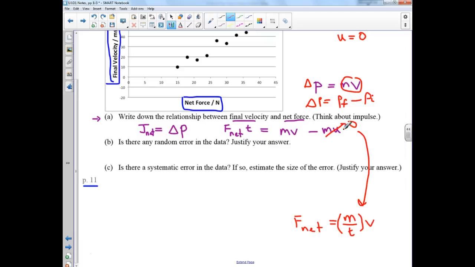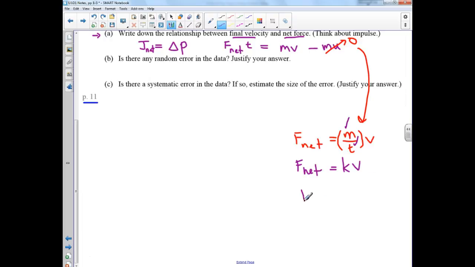Remember, final velocity is v, initial is u. So what's this say? Well, m is a constant, t is a constant, so net force is a constant times the final velocity, or in other words, net force is directly proportional to velocity.